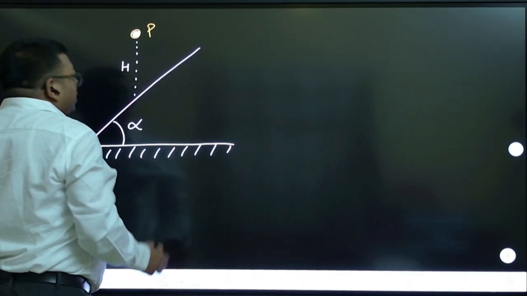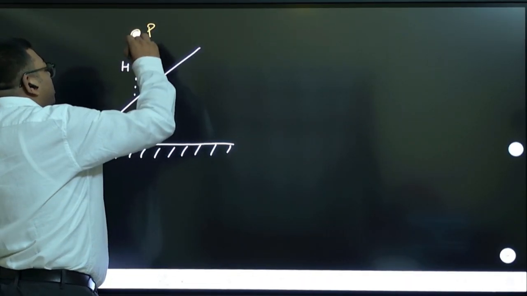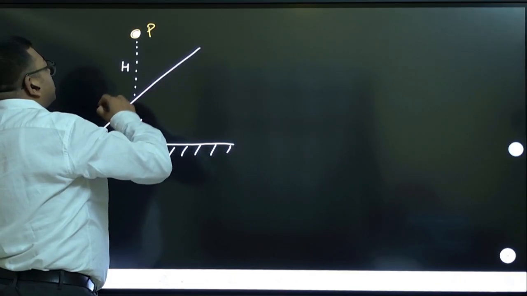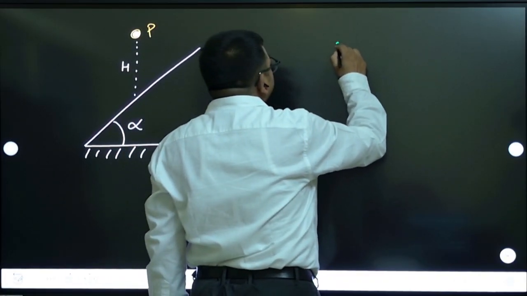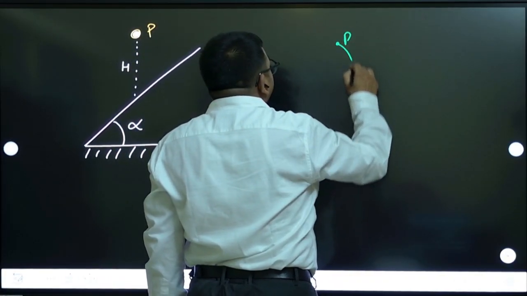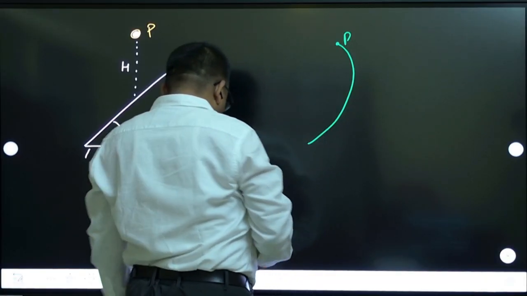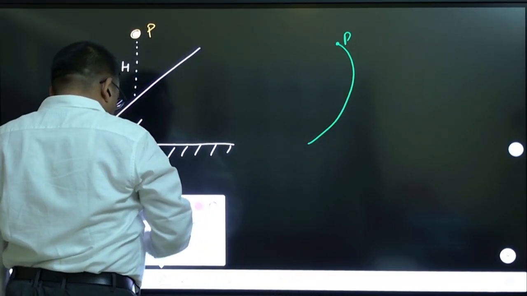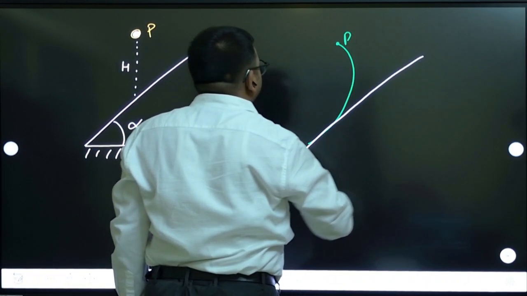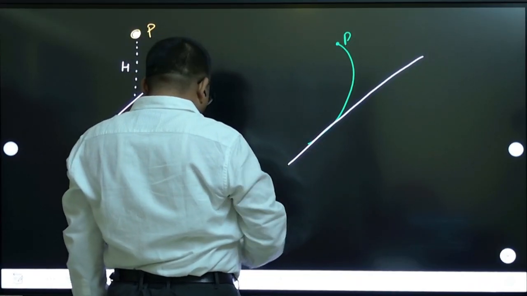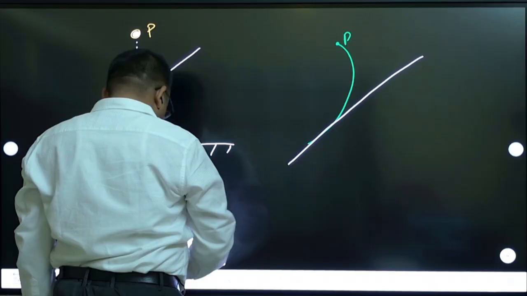So any path you take from here will reach this. So from point P, we can take some path, and in that path it will be reaching somewhere on this. So what is that path?